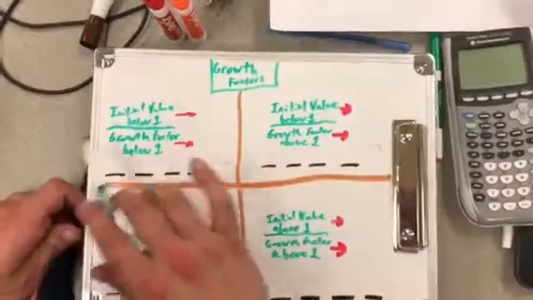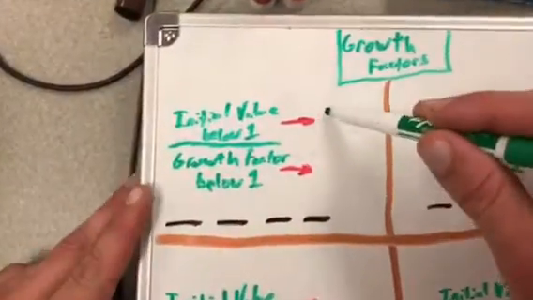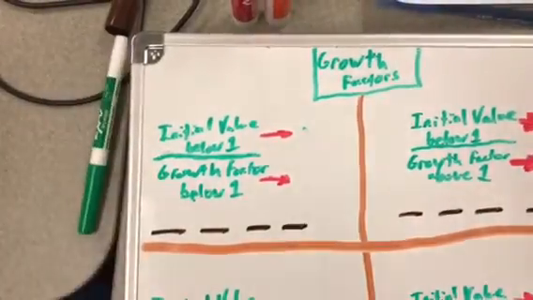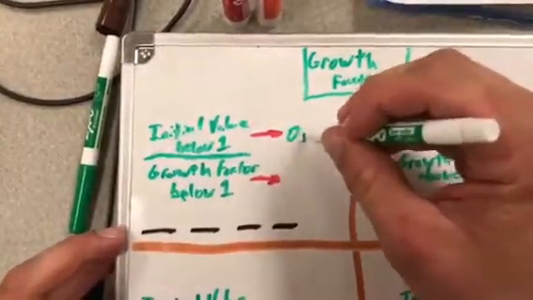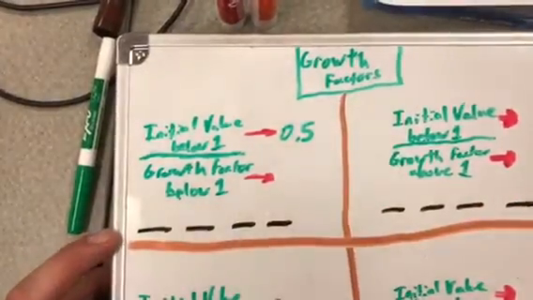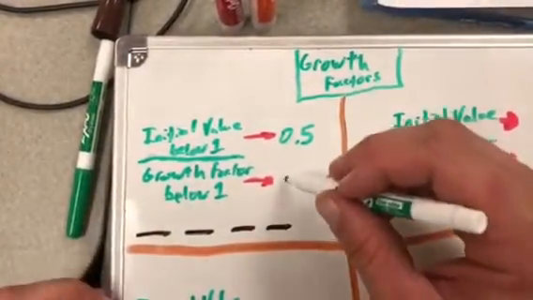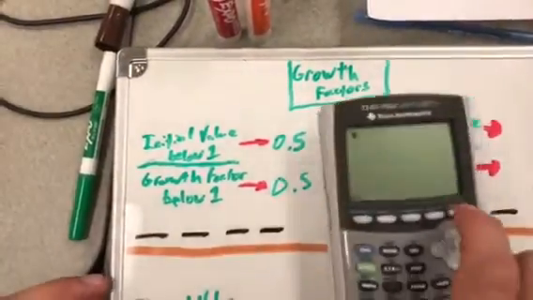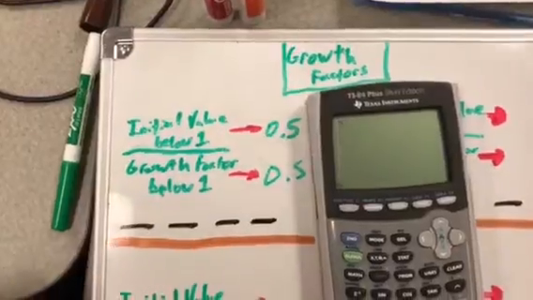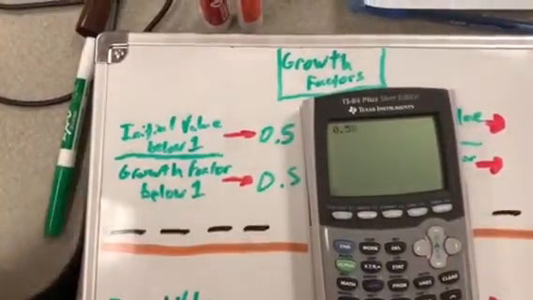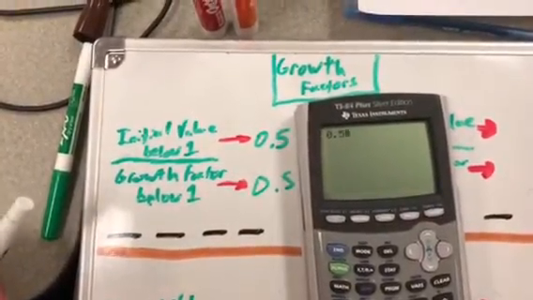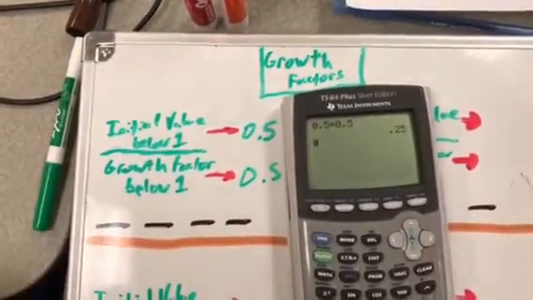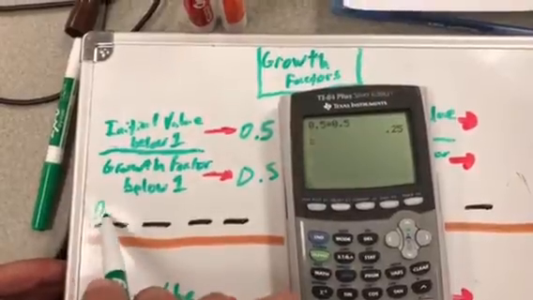So we're going to first talk about an initial value below 1. So we're just going to pick a number, and I'm going to start with 0.5, because that's a number below 1, okay? And a growth factor below 1. Growth factor, we'll just keep it 0.5, okay? Remember, growth factors are geometric sequences, so we're going to multiply. So I'm going to start with 0.5, because that's my initial value, and I'm going to multiply it by 0.5, okay? So my initial value is going to be 0.5.